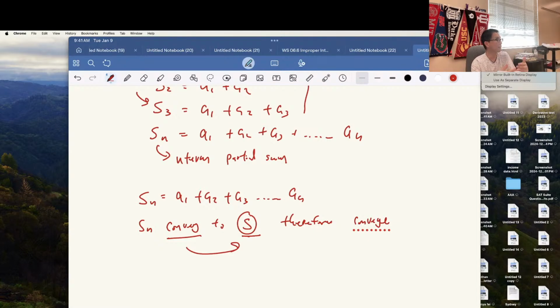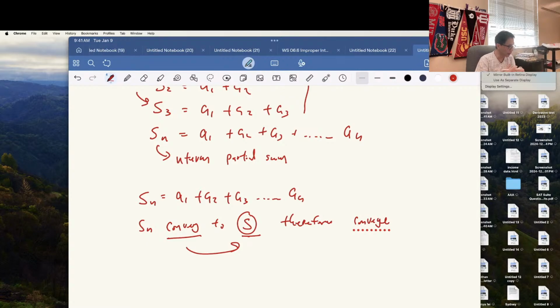Now, if it goes 1 plus 2 plus 3 plus 4, all the way to infinity, it's going to add up to infinity, then the series diverges. Don't overcomplicate it. If you add up all the numbers and you don't get a finite number, then it diverges. If you add up all the numbers to infinity and it converges to a certain value, then the series converges. That's it.